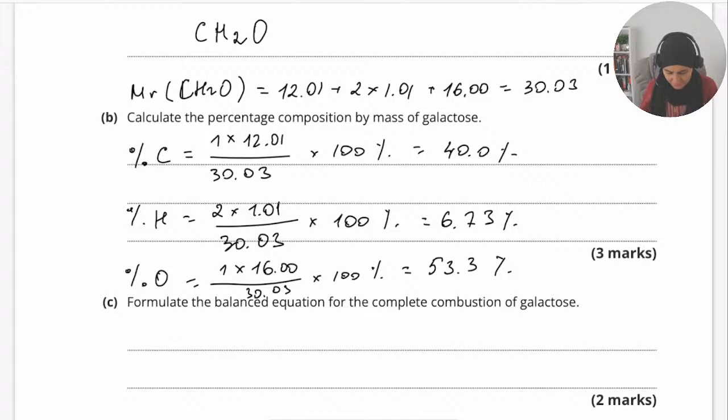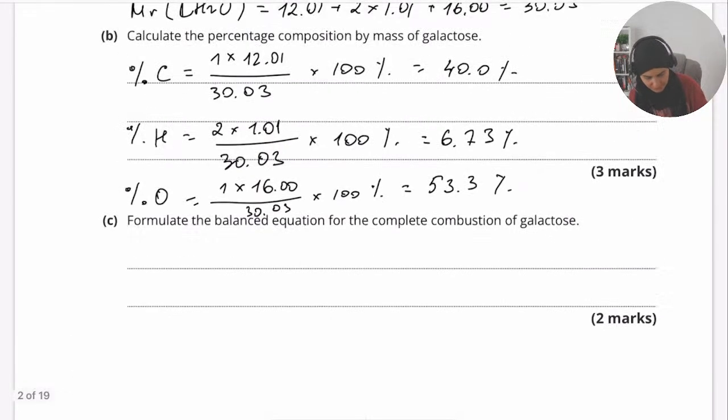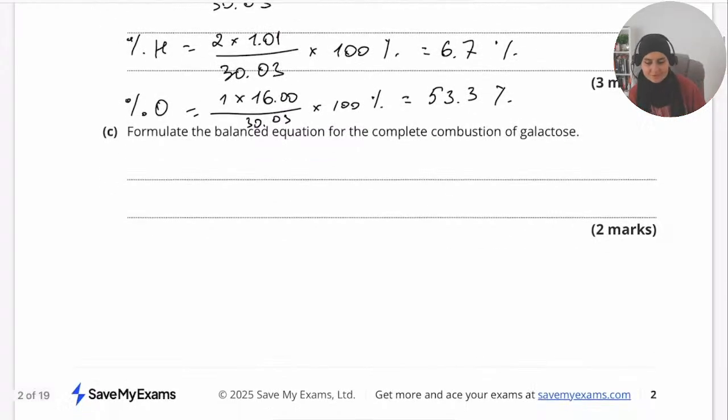To make it 100, we can just put the hydrogen as 6.7. Would it be 100? Yes, I think it would. Let's double check: 40 plus 6.7 plus 53.3. Yeah, that's 100. Next one, formulate the balanced equation for the complete combustion of galactose.